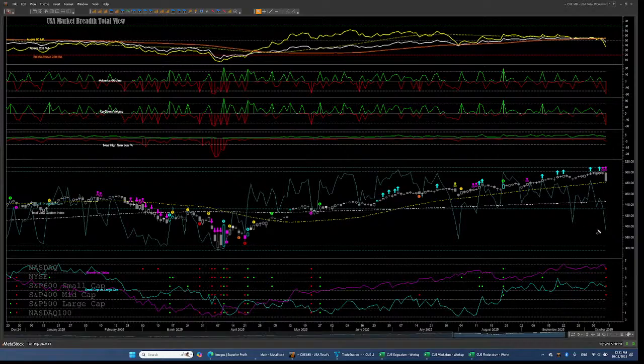Now I talked about the divergence in several market recaps earlier. The divergence is very clear. The candle chart here, the total view, the broadest view of the market, was going up and up and up, whereas percentage of stocks above 50-day moving average, the yellow line here, continued to make lower highs.